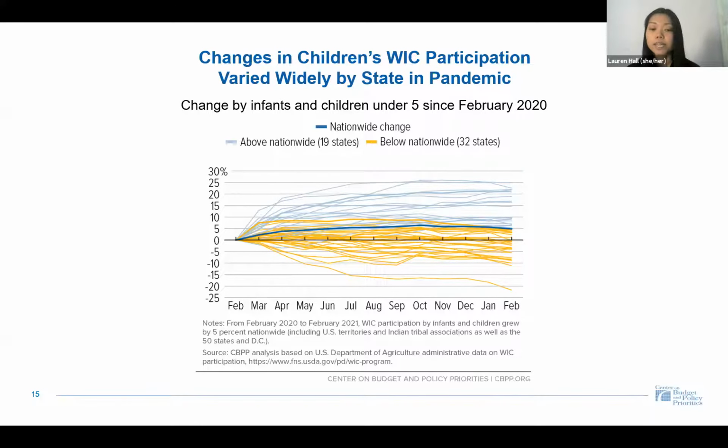And each of these other lines here represents a state. So there are some states with larger increases up to 25%, which are in light blue, while there are other states that have lower increases or declines, which are shown there in yellow.